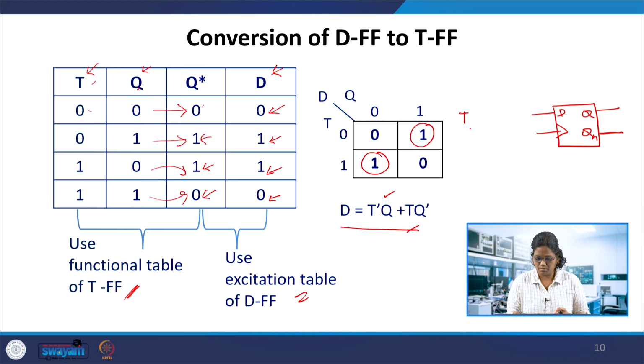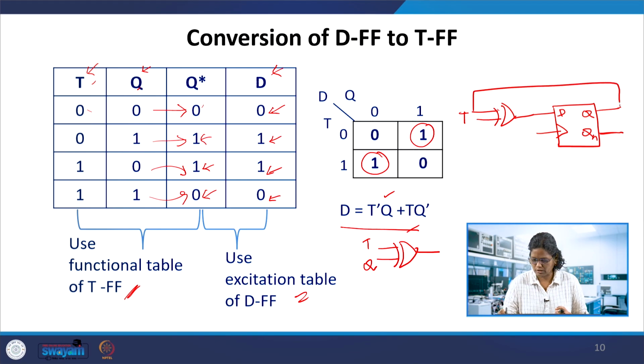T is available here, and T and Q can be taken through an XOR gate. So one input is T and another one is Q. So take an XOR gate, with T and Q, and connect it back.